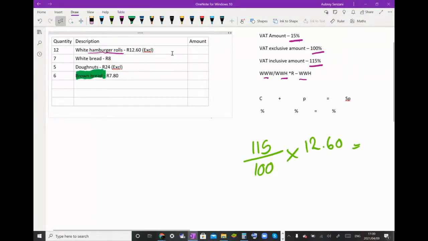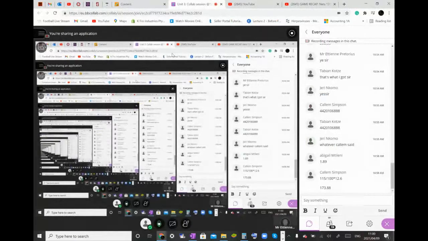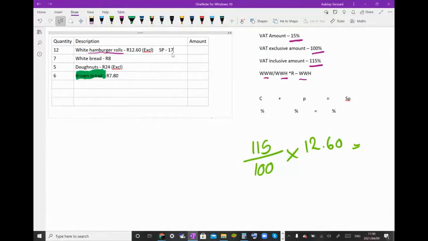So we now have our selling price inclusive of VAT. I think you had already, that was 12 Rand 60 each, right?